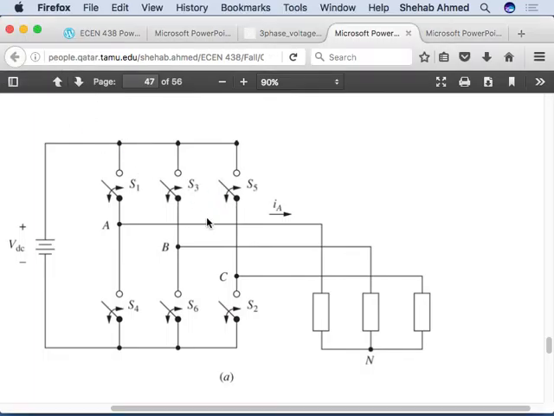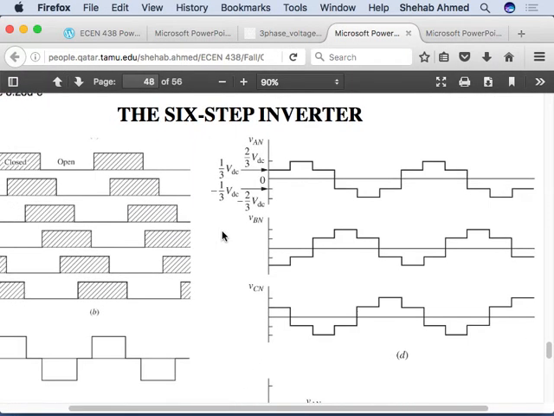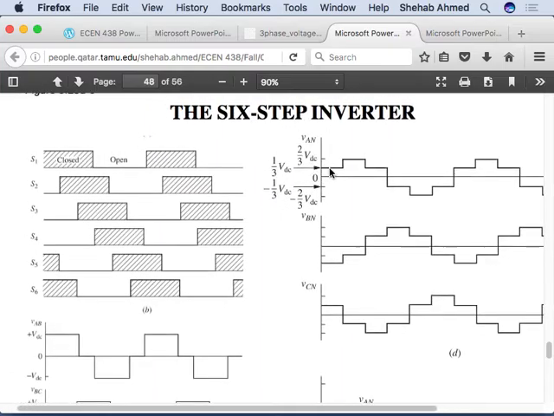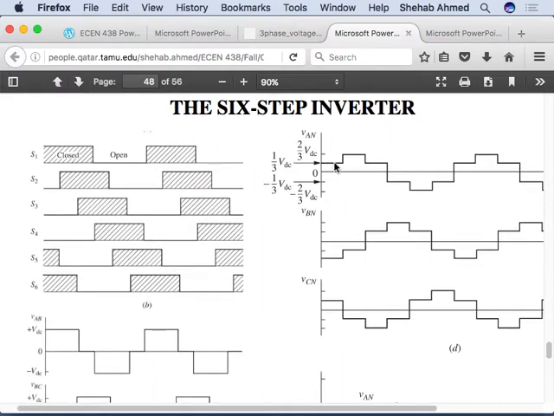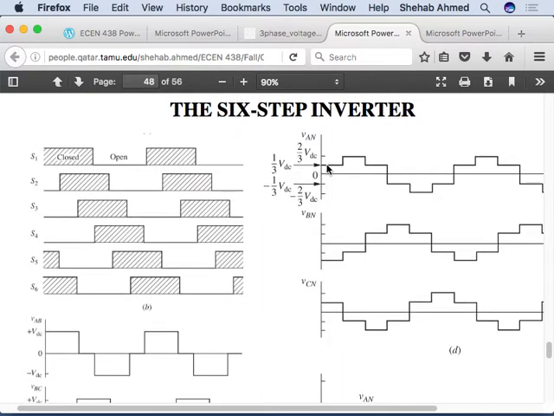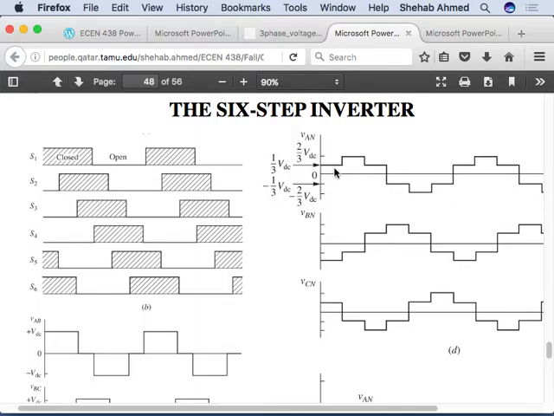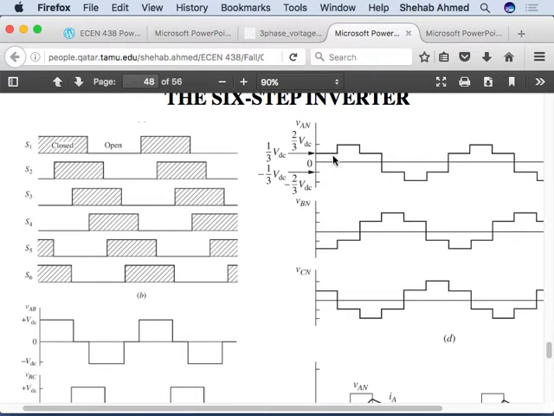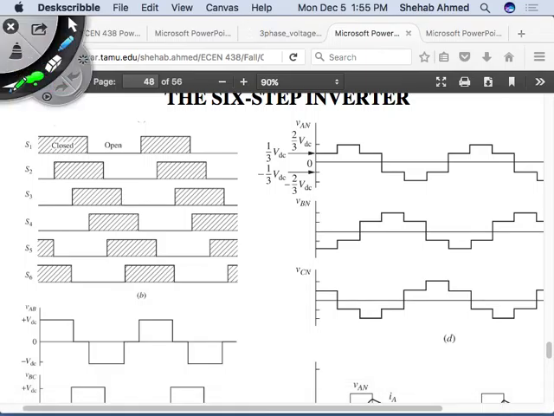So as we expected here, the voltage across phase A was 1/3 VDC. This is the phase voltage, right? Phase voltage was 1/3 VDC. Again, you can now go through the switching states. We went through the first switching state where 1, 5, and 6 were on.